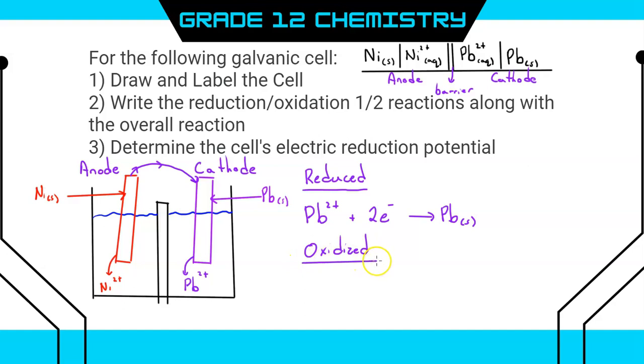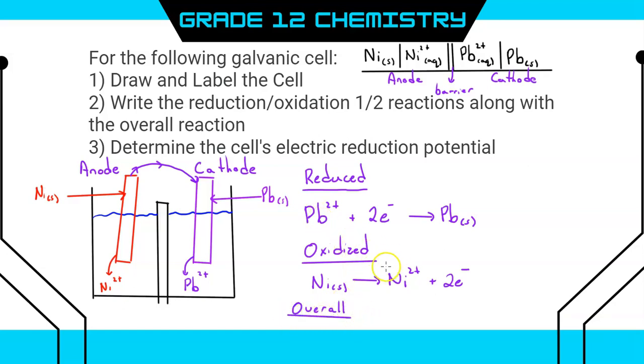So nickel is being oxidized. So we've got solid nickel producing our ions and our electrons, which then go over to the cathode. Now, if we combine these together and write our overall reaction, so those are our 2 half reactions.